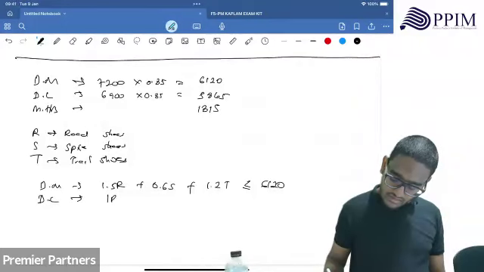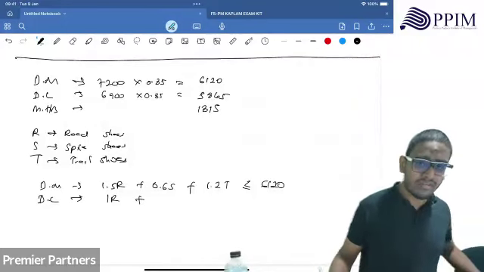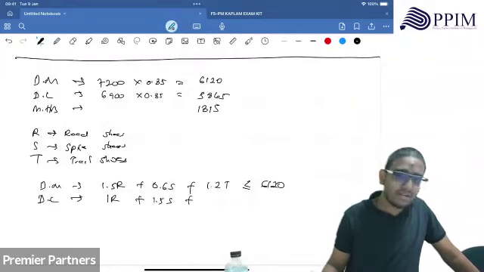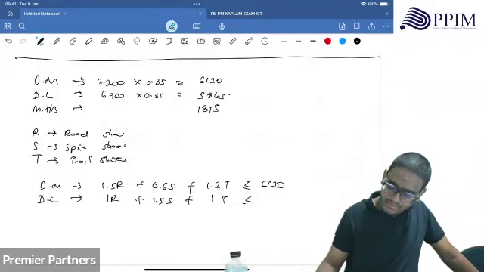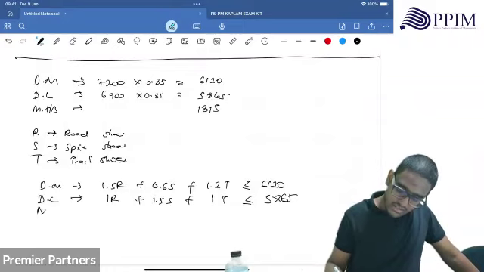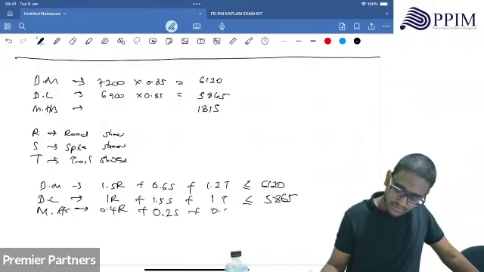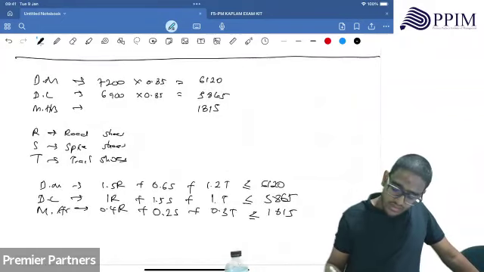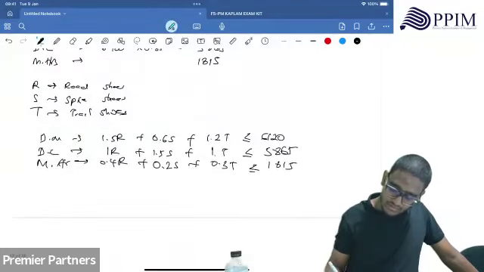So 1 hour, 1 hour plus how many hours? 1.5 hours. 1.5 S plus 1 T. Just check. 5,865. And machine hours: 0.4 R plus 0.2 S plus 0.3 T less than or equal to 1,915. Don't forget your demand constraints.